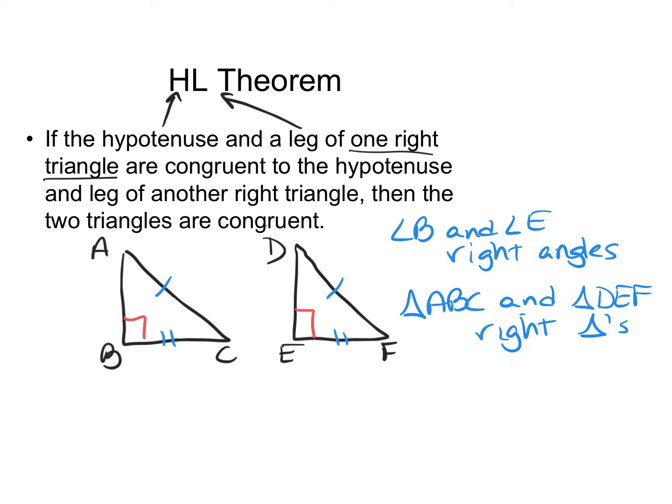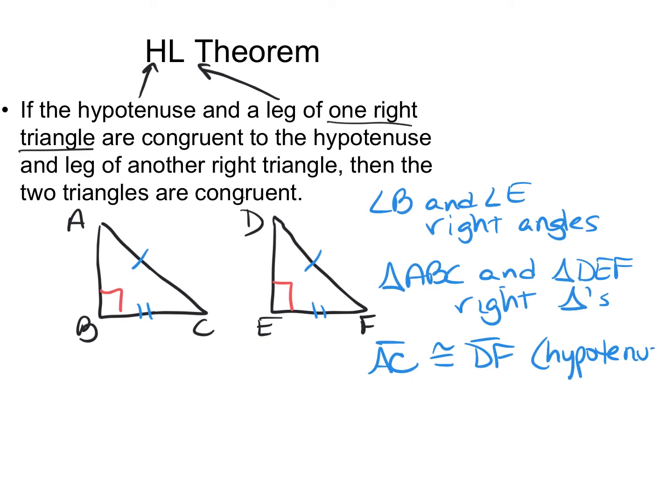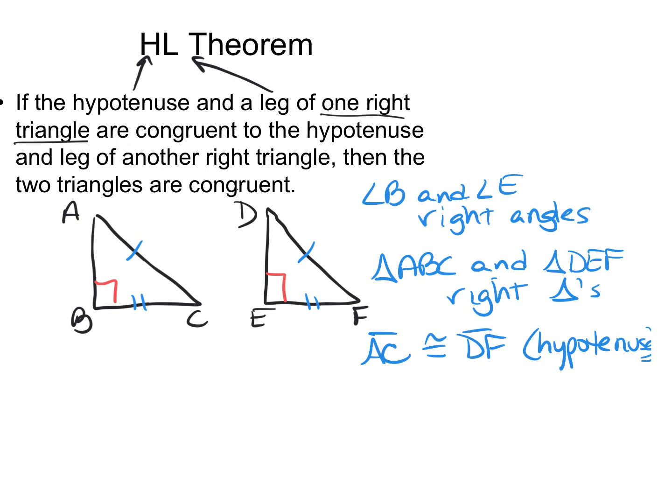And then we also have AC marked with a congruency, which is congruent to DF, and this is the hypotenuse. And then we also have the leg that is marked. We also have a marking on BC, congruent to EF. And this would have been the leg.